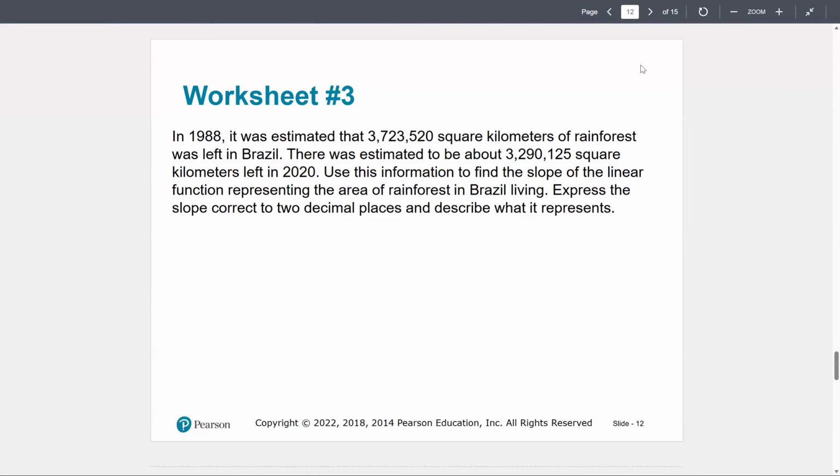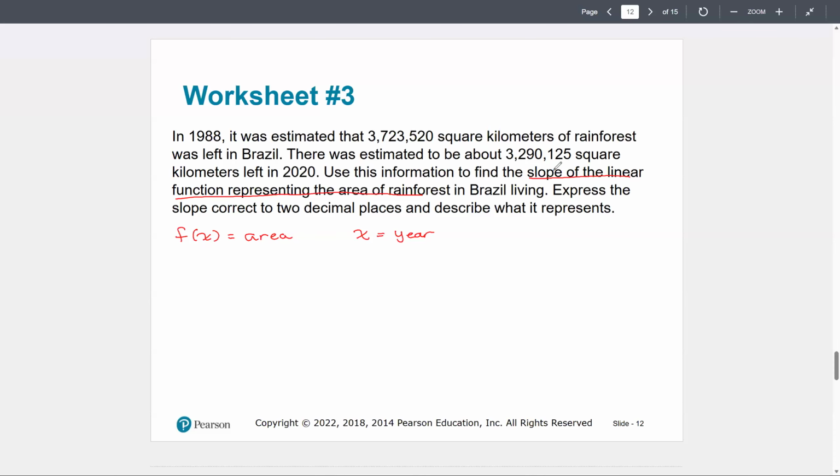Use this information to find the slope of the linear function representing the area of rainforest in Brazil that is still living rainforest. Express the slope correct to 2 decimal places and describe what it represents.